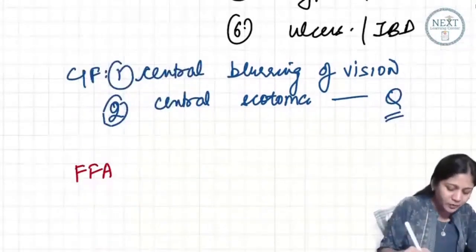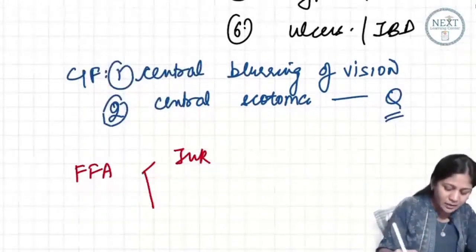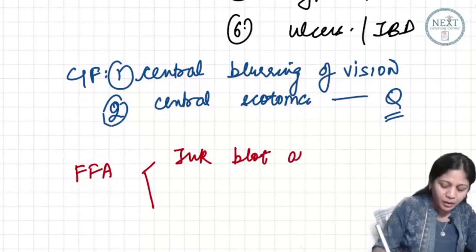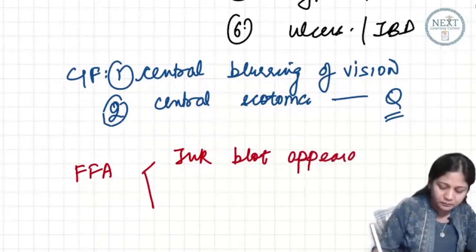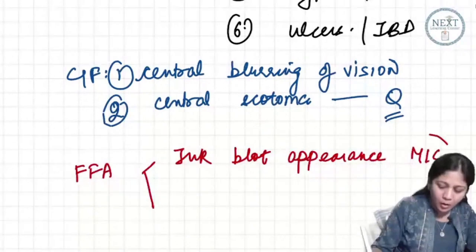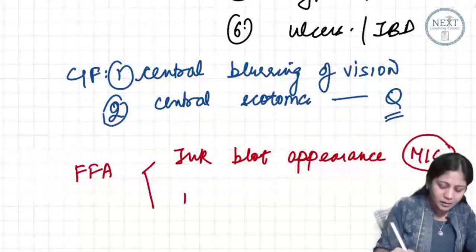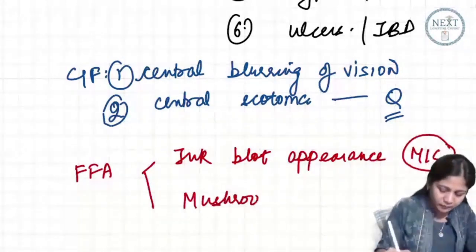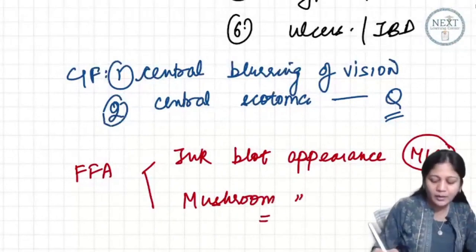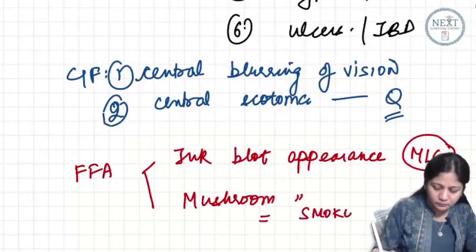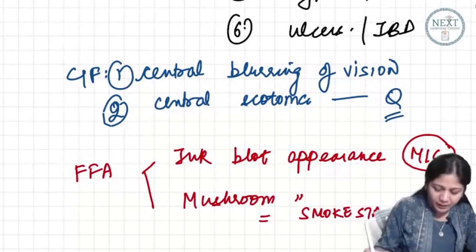When you do FFA of these patients, you can see either of the patterns, either an ink blot appearance, which is the most common appearance. Another one is a mushroom appearance, which is also called a smokestack appearance.